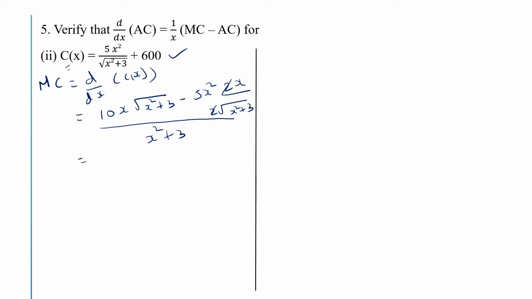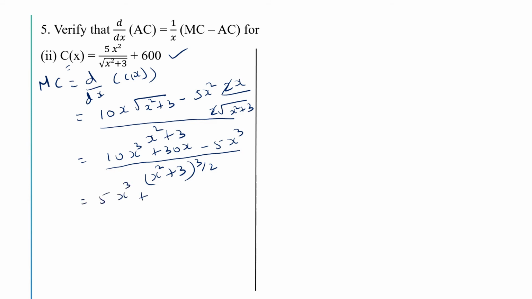So we get 10x cube plus 30x minus 5x cube divided by x square plus 3 the whole raised to 3 by 2. So this is equal to 5x cube plus 30x divided by x square plus 3 the whole raised to 3 by 2.